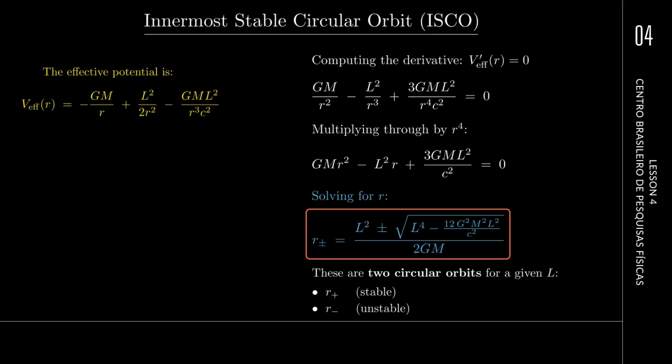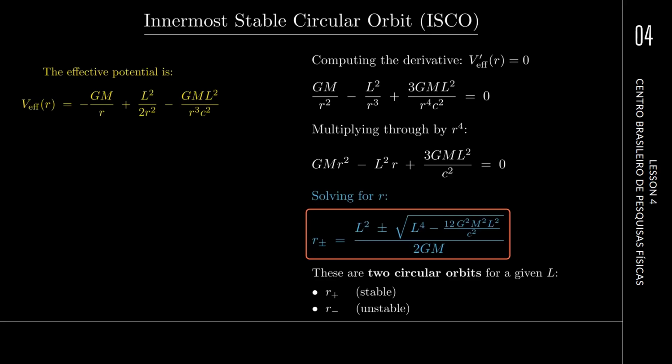So there is another point here where there is another circular orbit. You see that this can become a single circular orbit if the term inside the square root is 0.